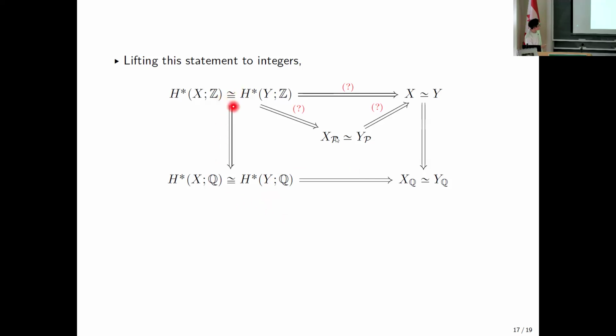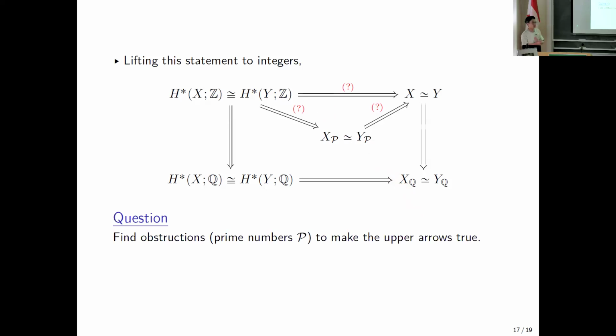Before asking for homotopy equivalence from the ring isomorphism between these two varieties, maybe we may be able to ask: there should be some prime numbers which we have to localize at so that this diagram commutes, right? That's probably some project which is doable. So the precise question is to find some obstructions or prime numbers to make this upper arrow commute.